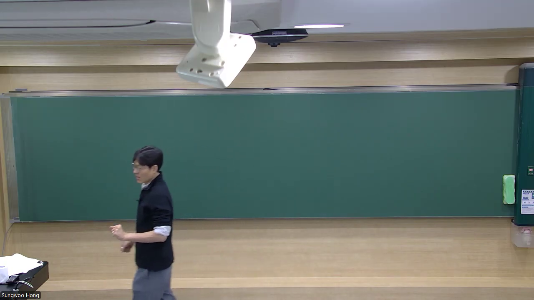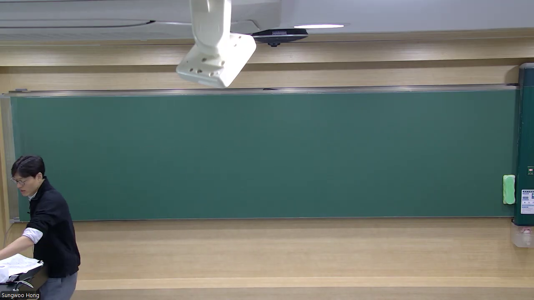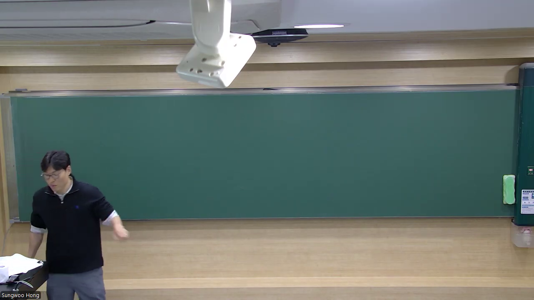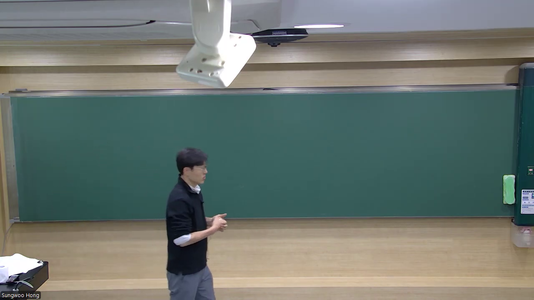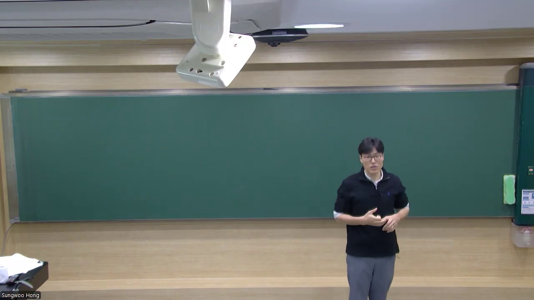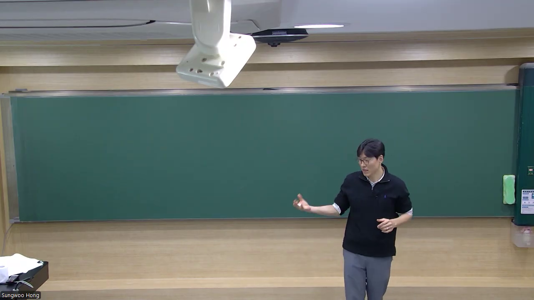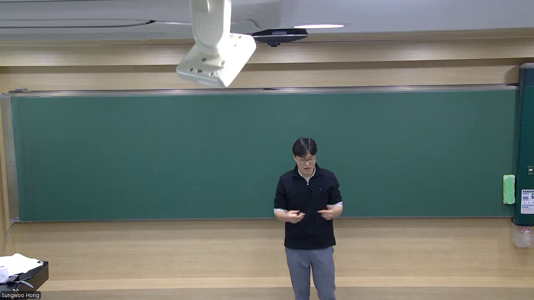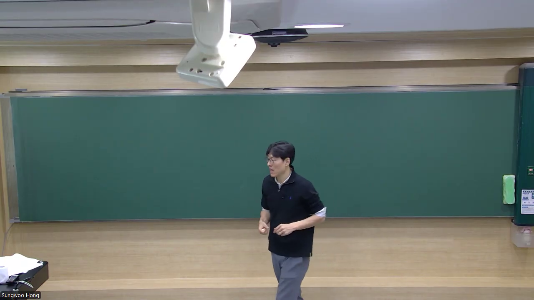Okay, and then the goal of today's discussion is we will spend some time to use the general formula that we derived, the differential transition probability, to talk about decay and then scattering with two particles in the initial state. Good.